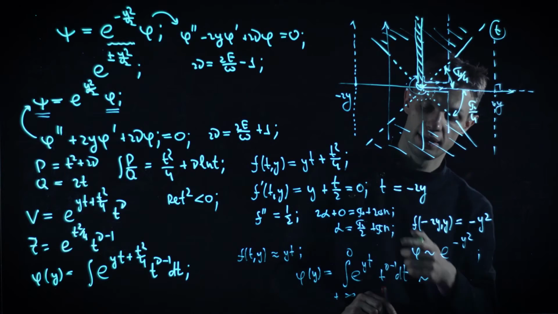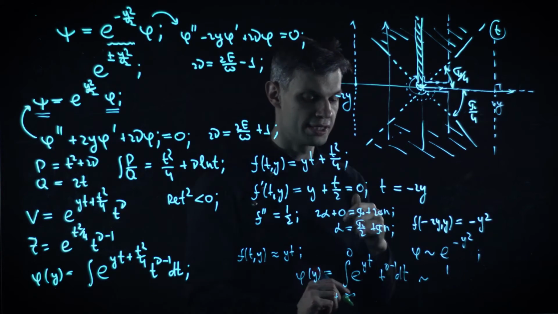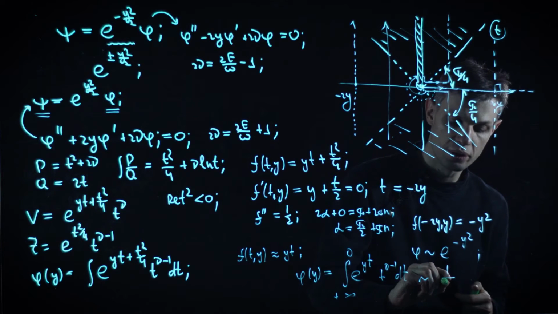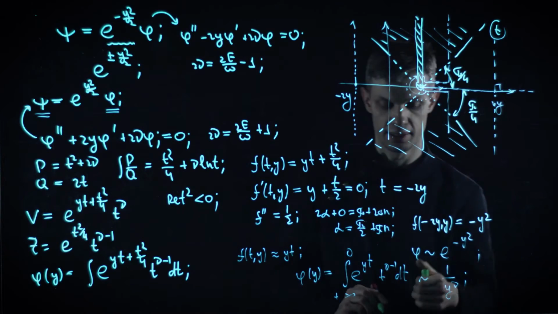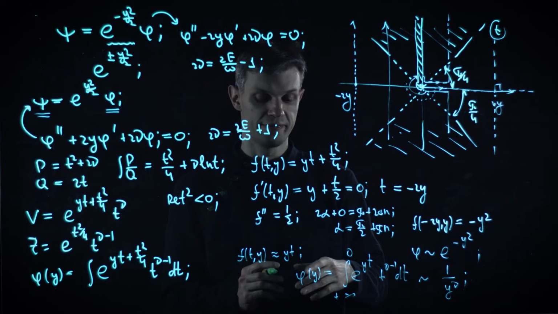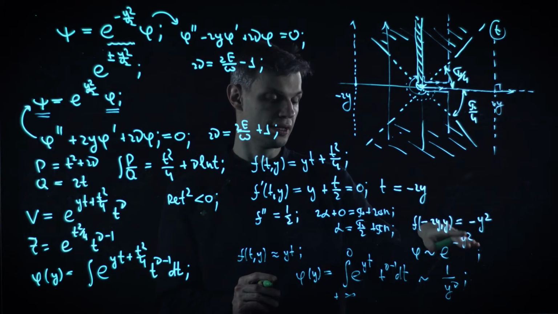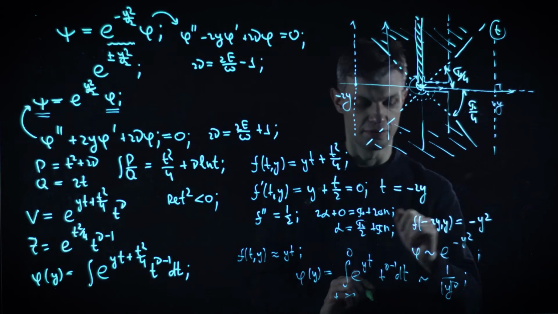As you remember, that kind of gamma type integral always gives you 1 over y to the power nu at large values of y. So there is no exponential suppression of our phi function at large negative values of y. So it should be modulus of y, of course.